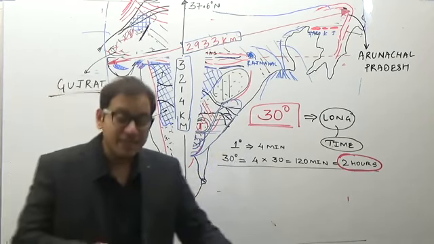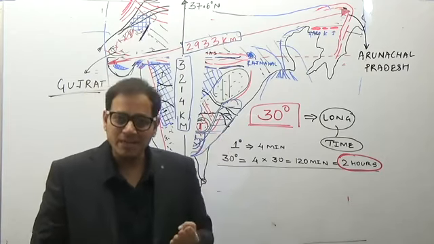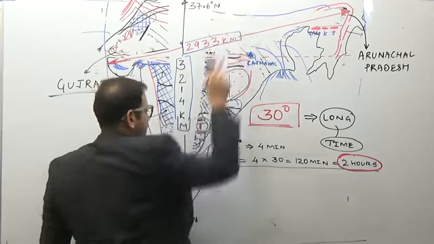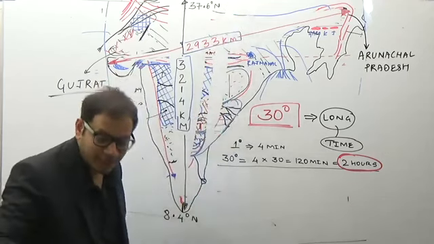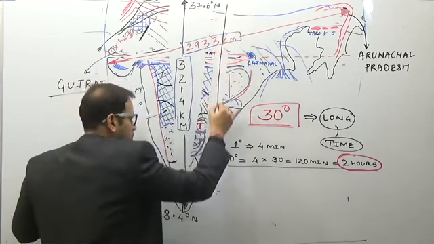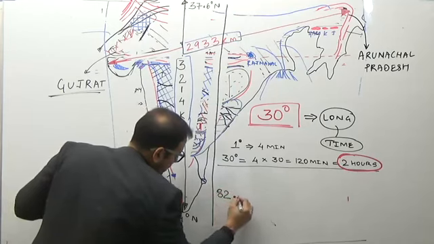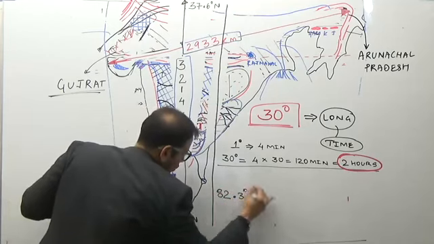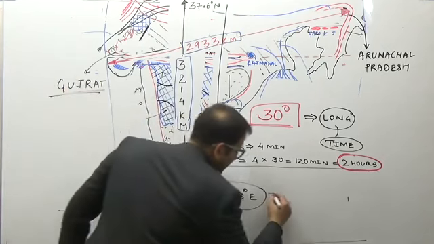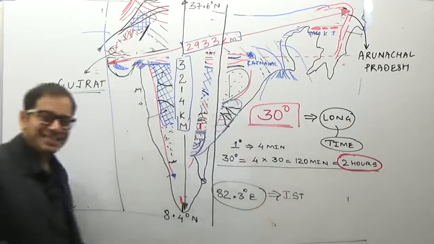Because India being one country, there has to be political unity, there has to be mental unity, and therefore we have fixed one longitude, the 82.5 degree east longitude.